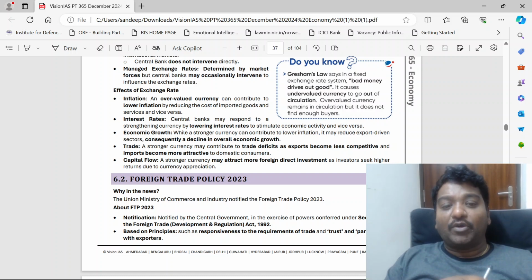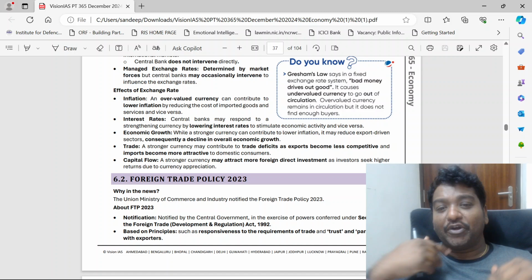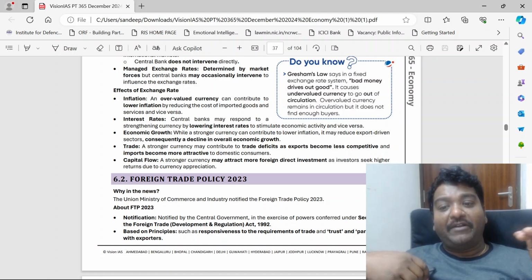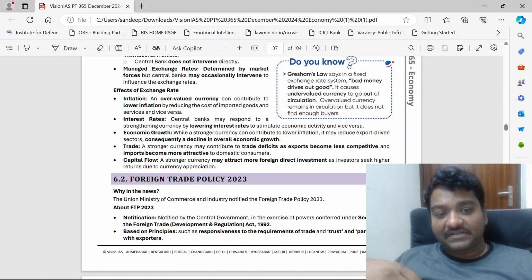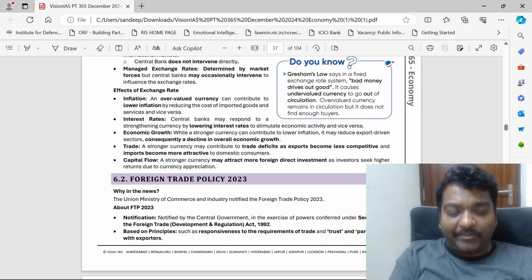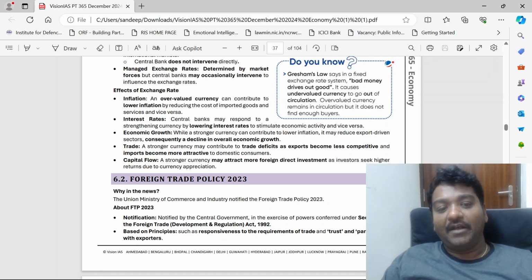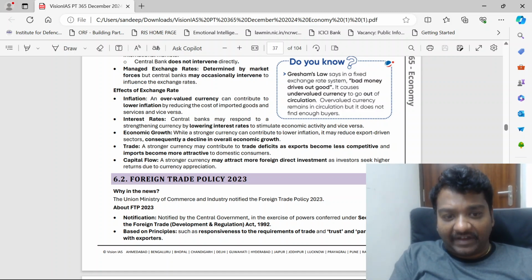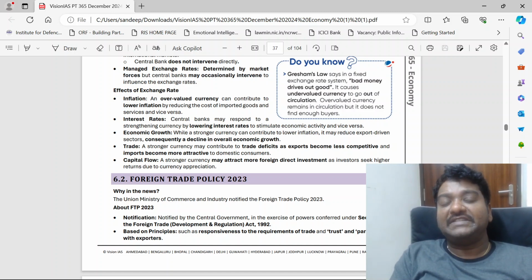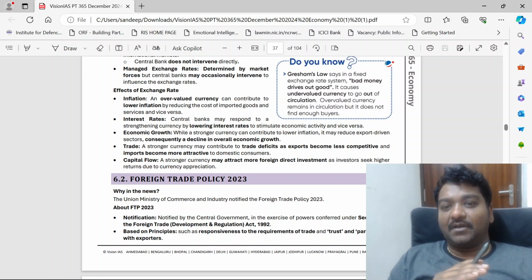Economic growth. While a stronger currency can contribute to lower inflation, it may reduce export driven sectors, consequently a decline in overall economic growth. Please see this. These 5 points given are very, very important for you. You don't have time for complete understanding, just look at these five. What is it? Inflation: overvalued currency can contribute to lower inflation.